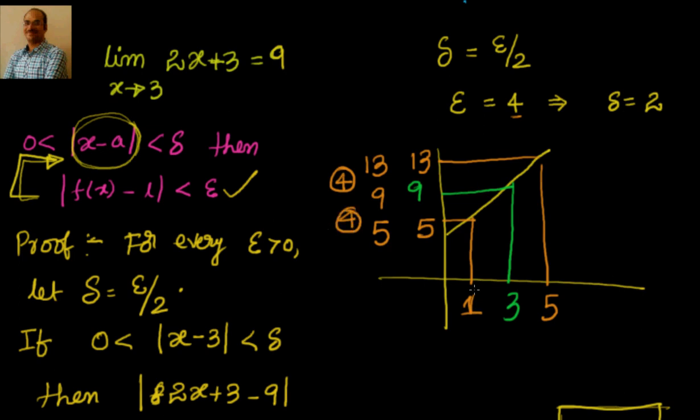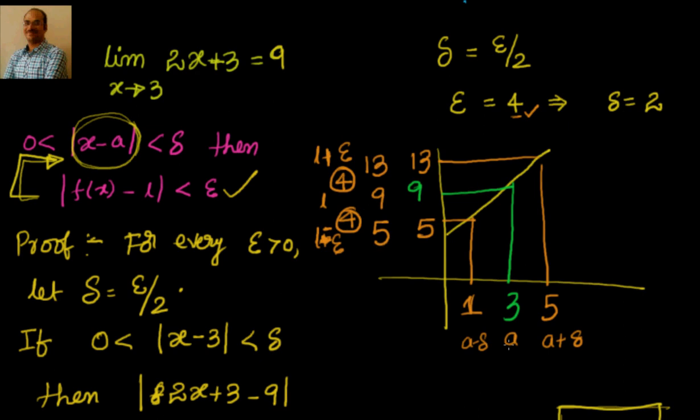So you can see that if the values of x are between 1 and 5, let us say the values around a, this is a minus delta and this is a plus delta. Then here this is L minus epsilon and this is L plus epsilon. What we have done is we have taken epsilon equal to 4. L minus epsilon will be 5 and L plus epsilon will be 13.